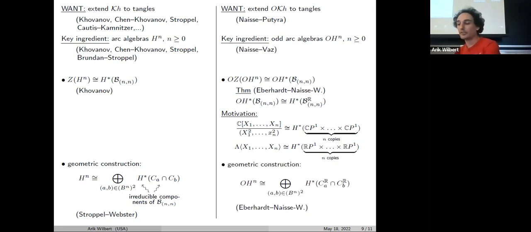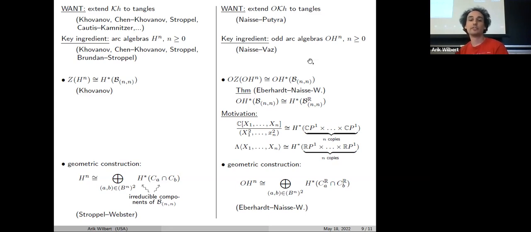Okay, so one other result that we have here is we're going to construct this odd arc algebra in analogy to this Stroppel-Webster result using intersections of real points in these irreducible components. And again, this convolution algebra that you get here turns out to be the odd arc algebra, the ingredient to construct odd Khovanov homology for tangles.